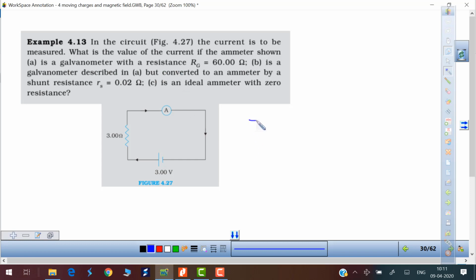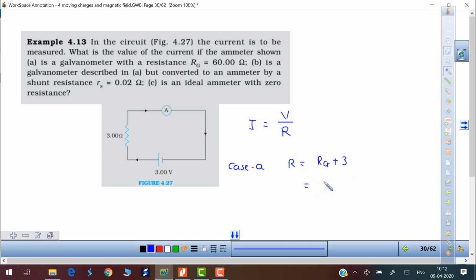We know that current is equal to applied voltage upon total resistance of the circuit. So in case A, R is equal to Rg, that is resistance of the galvanometer, plus that connected resistance 3 ohm.